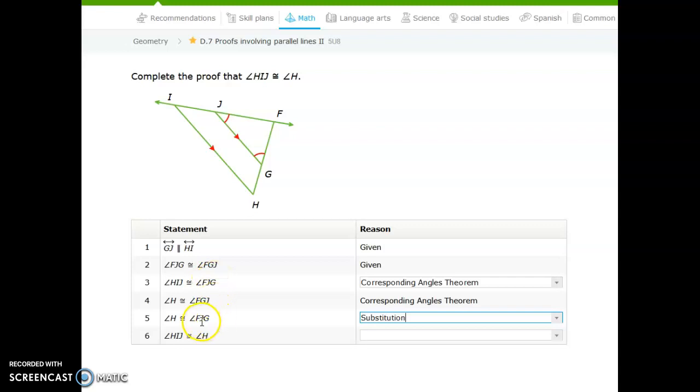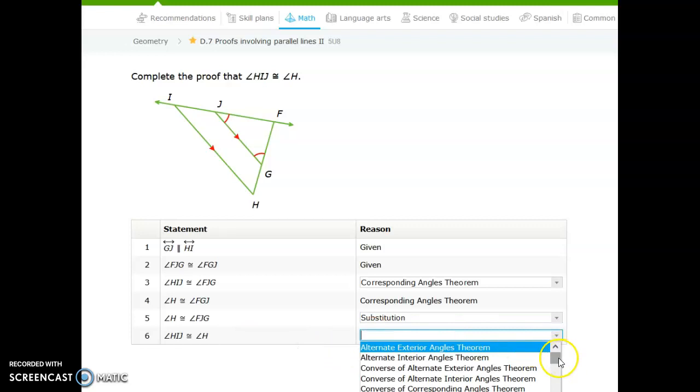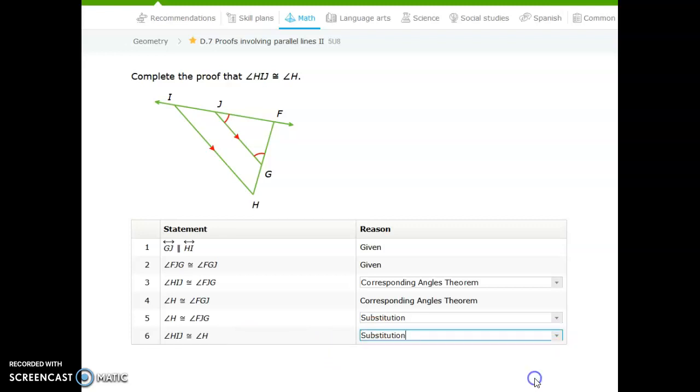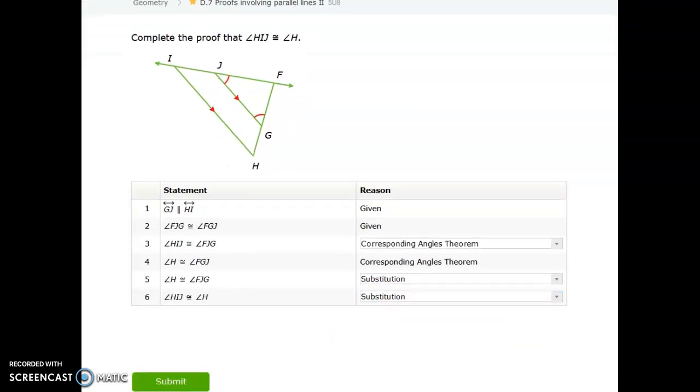We know that FJG is congruent to H. So we're going to use substitution again. We're going to use lines 3 and 5. We're going to use line 3, and we're going to substitute angle H in for angle FJG because of what we see on line 5. And we're going to say substitution for line 6 as well. Okay, and then we're going to go ahead and submit.